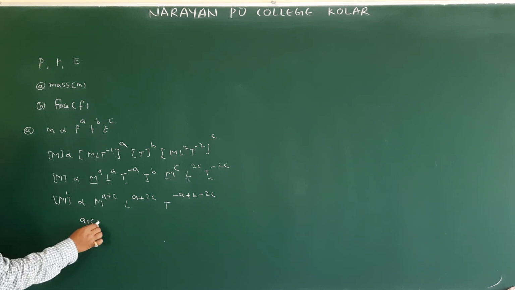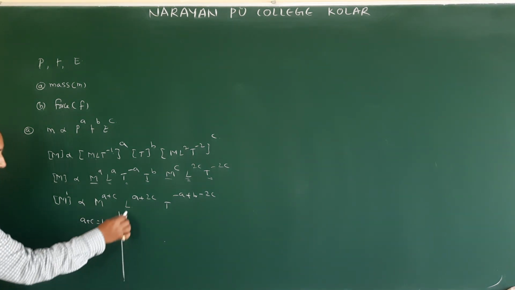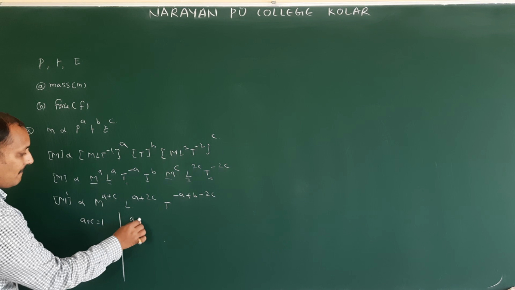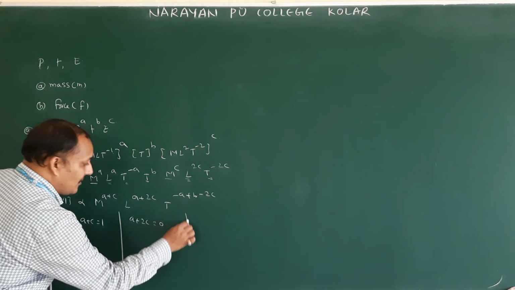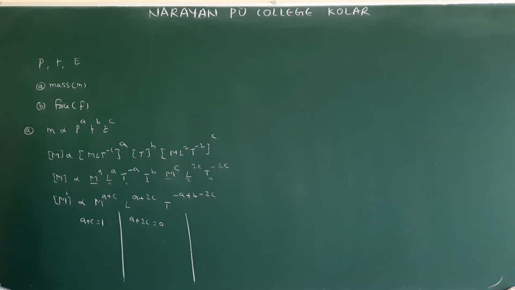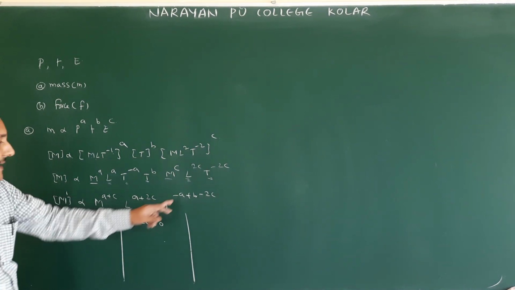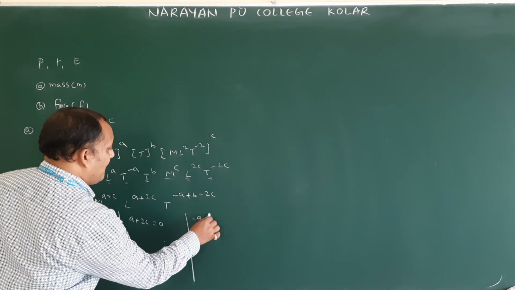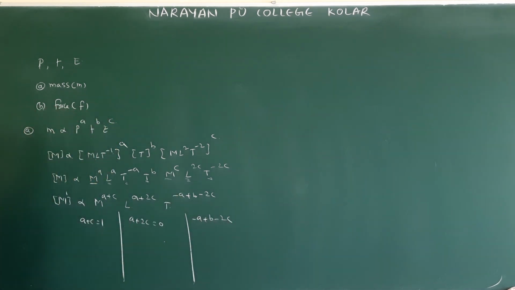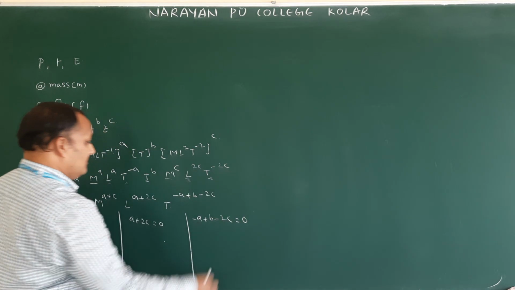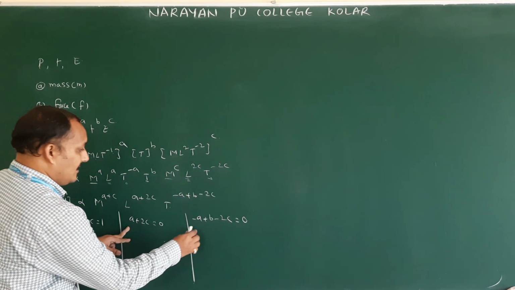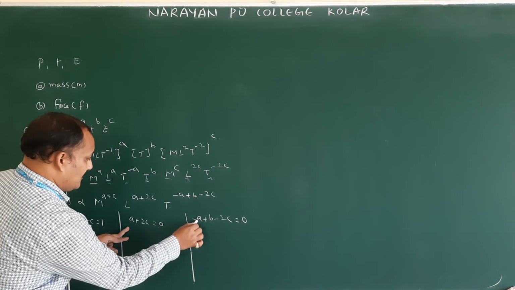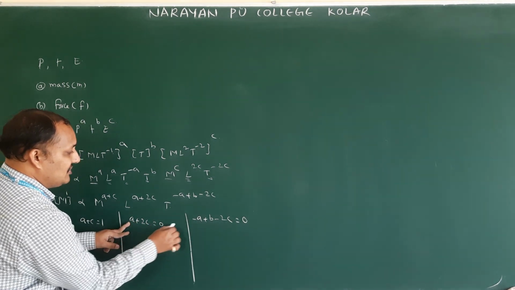Therefore, A plus C is equal to 1. Next, L power A plus 2C; on the left L power nothing is there, therefore 0. Next, minus A plus B minus 2C; T power nothing is there on the left, so 0.